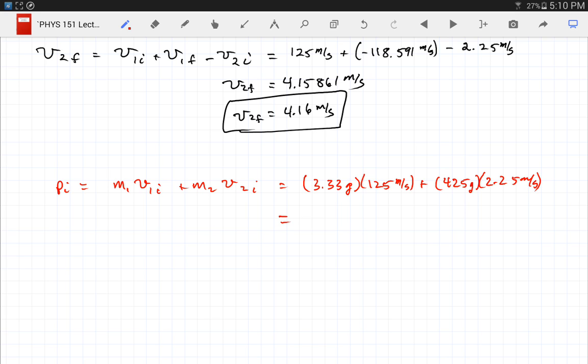Well, if you multiply that through, you have 1372.5 grams times meters per second.